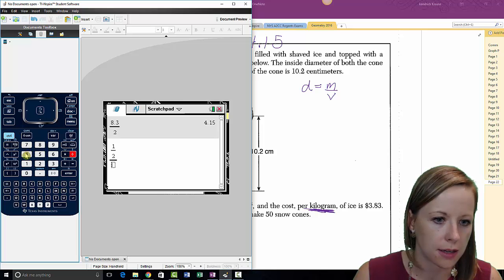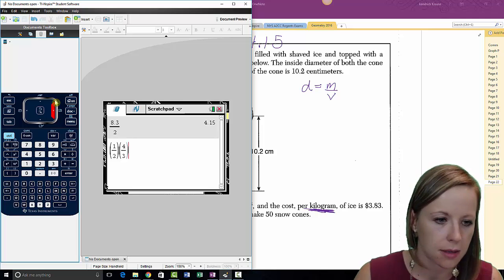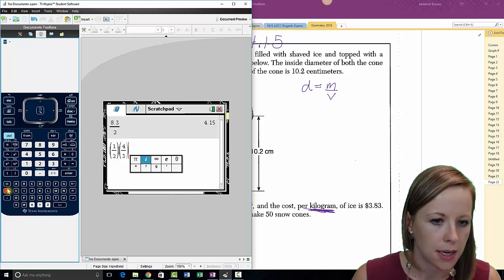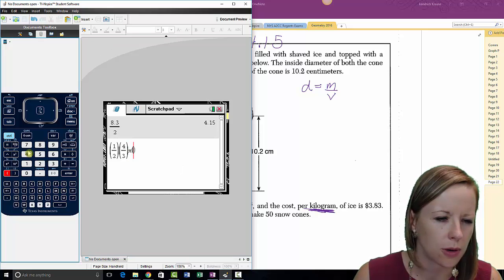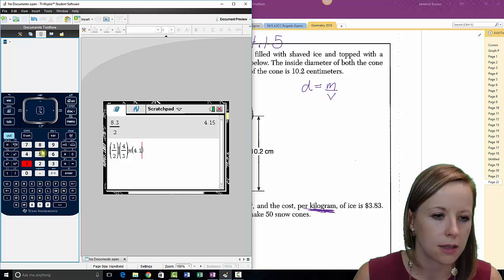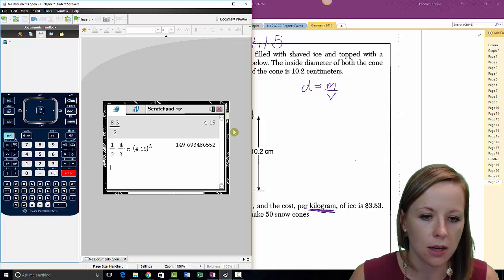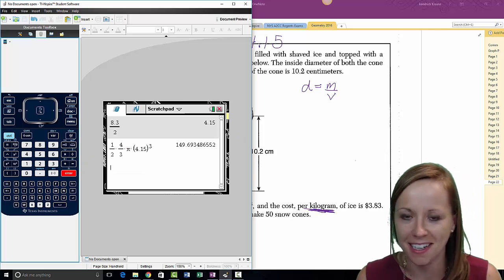Control, divide, parentheses, control, divide, 4/3, pi, r is 4.15.